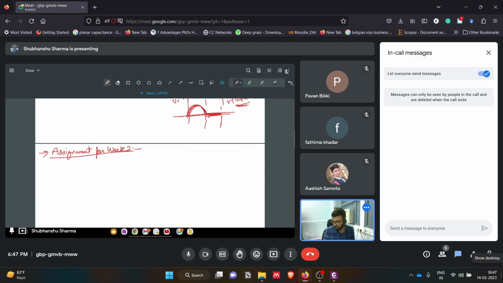Then the second question was on Zener diode. Okay, if you don't have any doubts, I will just go through these questions to give a hint on how they will be solved.